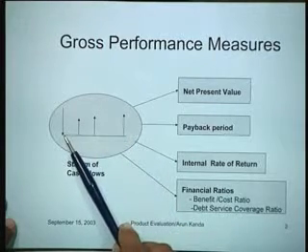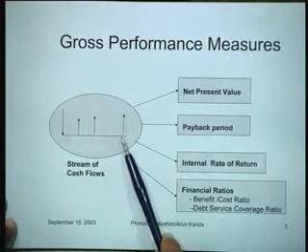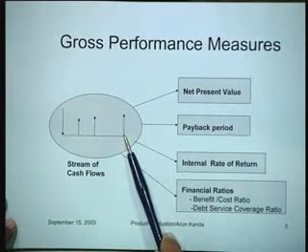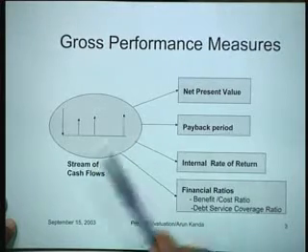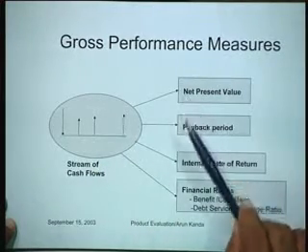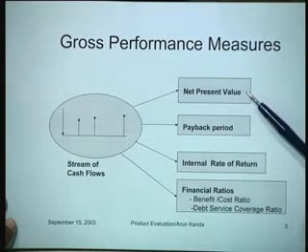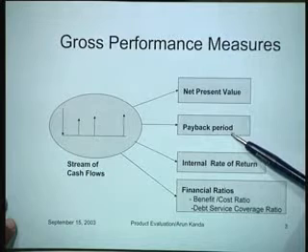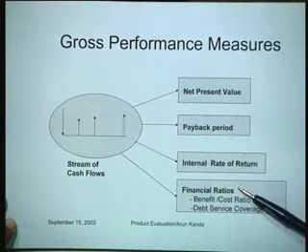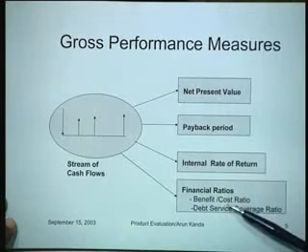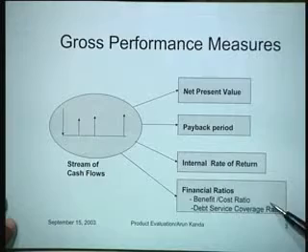So we know what is the investment, what is likely to be the return in the first year, the second year, and so on over the entire planning horizon of the product or the service, and this stream of cash flows is generally used to derive a number of important financial parameters like the net present value, the payback period, the internal rate of return, and a variety of financial ratios like typically we might have a benefit to cost ratio, or we might have the debt service coverage ratio.